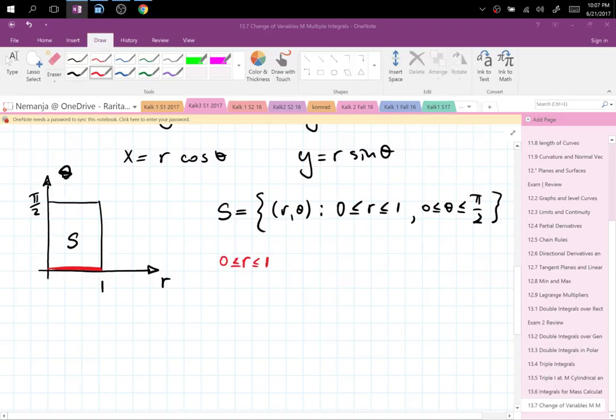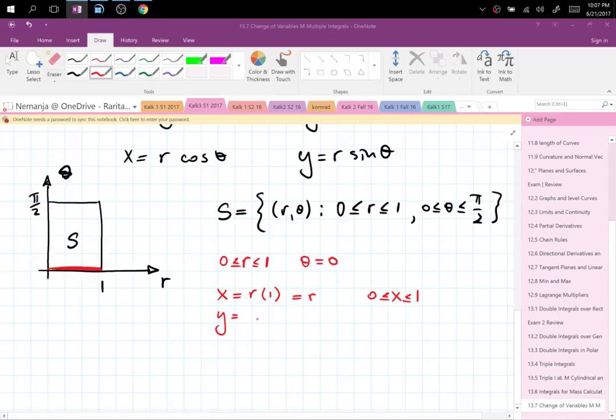If r is between 0 and 1 and theta is constantly 0, and I plug those in my x and y, x will be r, since cosine of 0 is always 1, so x is just equal to r, which means x will be between 0 and 1.